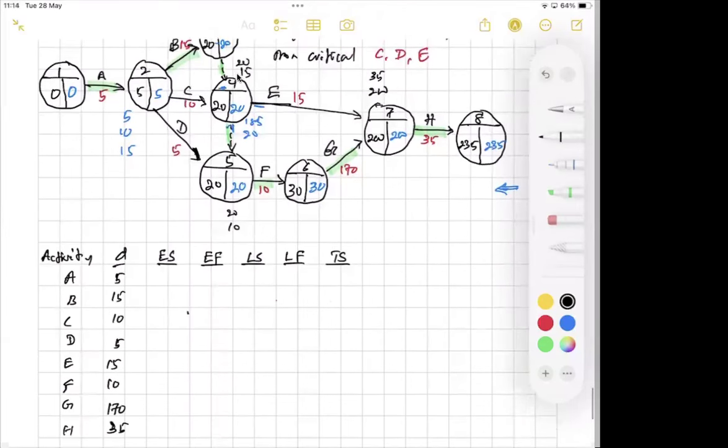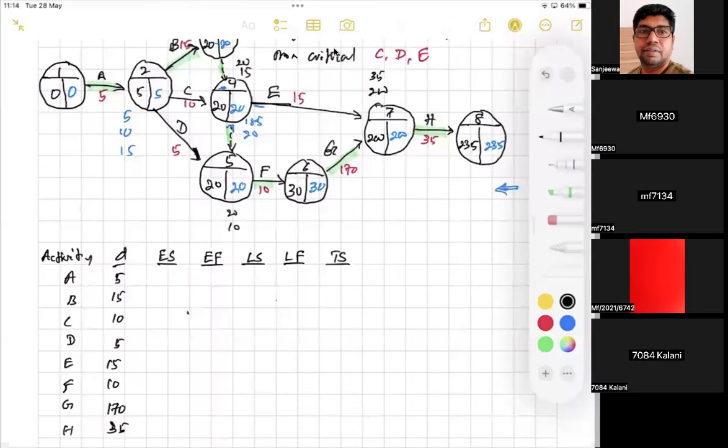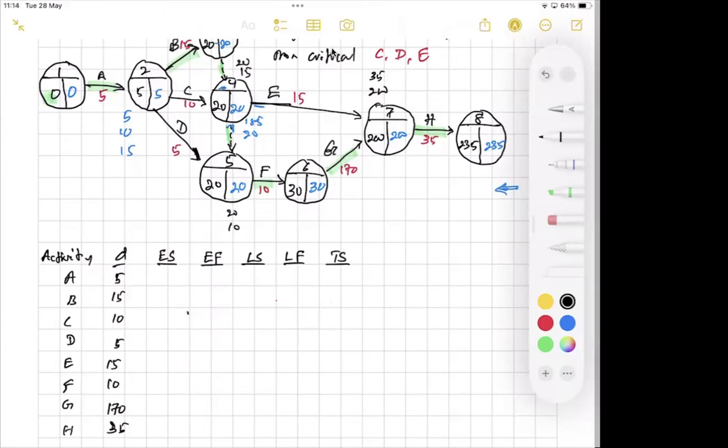Right, if you want to find out the early start time of an activity by using activity on arrow diagrams, look at the tail event. What is the tail event of activity A? Can you tell me the event number? 1. Right, then look at the left hand side value. What is the left hand side value? 0.